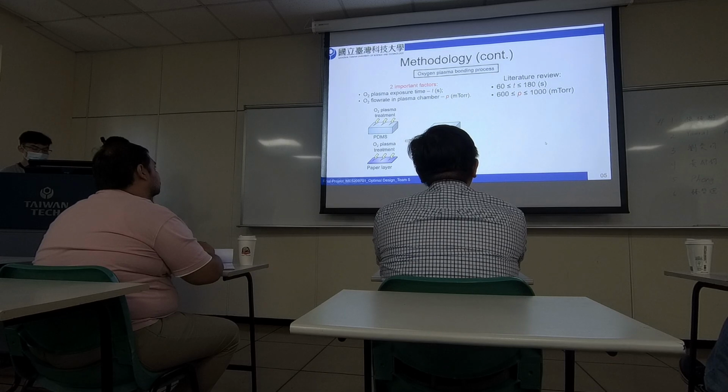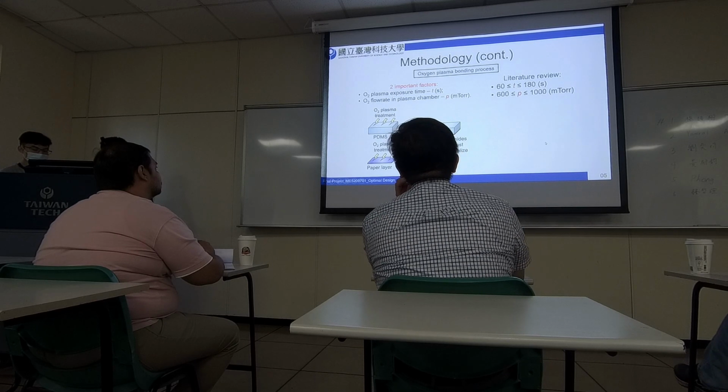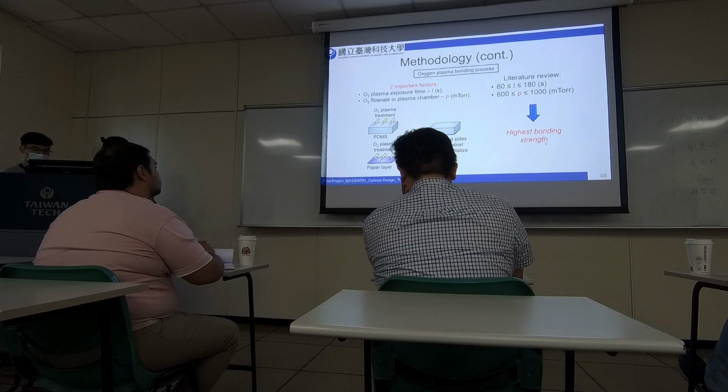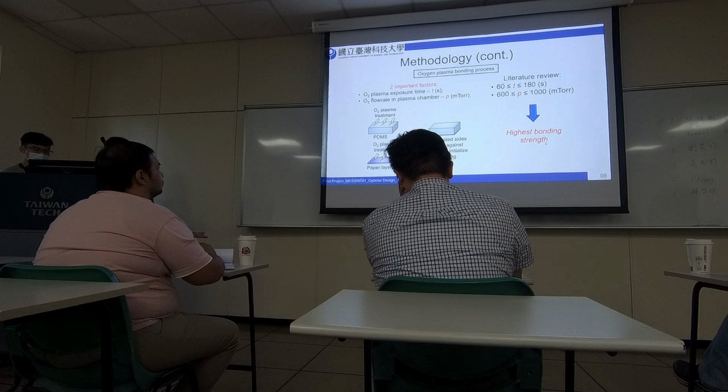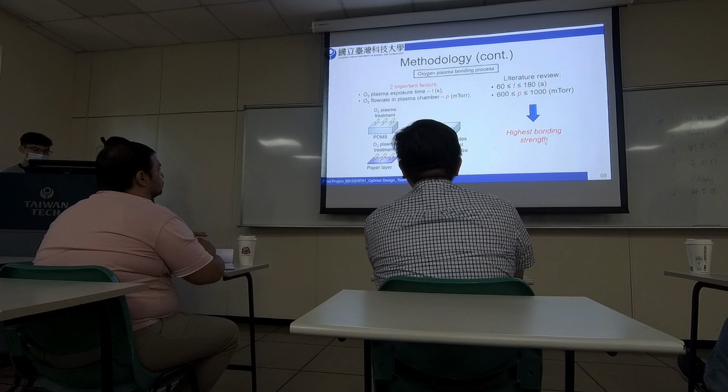Based on some literature review, people focus on a time range from 1 minute to 3 minutes, and vacuum pressures of around 600 to 1000 millitorr. Our objective is to find the optimal time and pressure, or oxygen flow rate, to achieve the highest bonding strength.